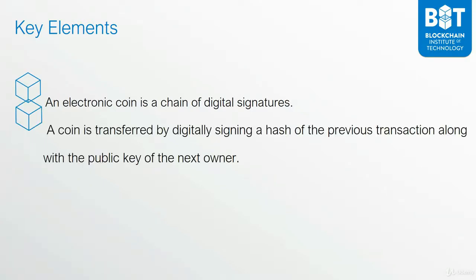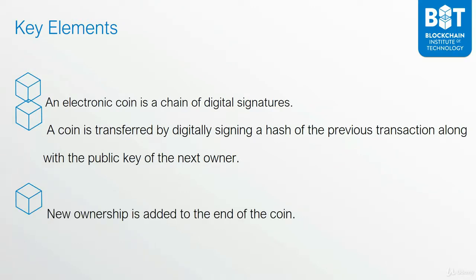A coin is transferred by digitally signing a hash of the previous transaction along with the public key of the next owner. I will explain exactly how that plays out in the next video lesson. And finally, new ownership is added to the end of the coin. That is, once the transference is over, a new owner is assigned and placed at the end of that coin.